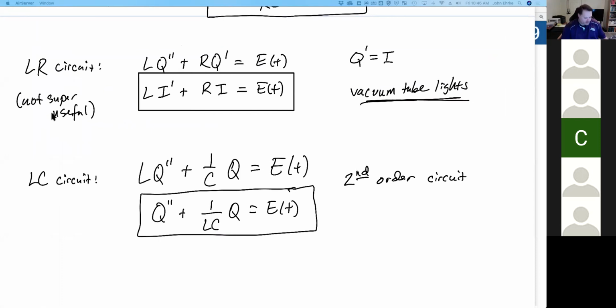Every single one of you is probably carrying an LC circuit with you right now. They're everywhere in your phone. LC circuits are tuners. In other words, they can tune in a specific frequency signal, which means anything that is radio or cell phone in nature has an LC circuit as a part of it.